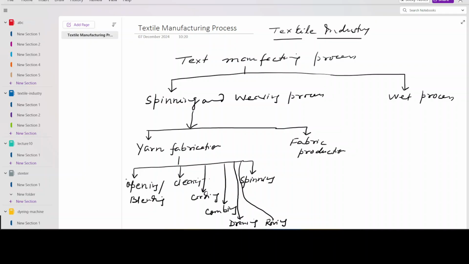So the steps under yarn fabrications are opening, cleaning, carding, combing, drying, roving, and spinning. We will see a bit detail about spinning here.